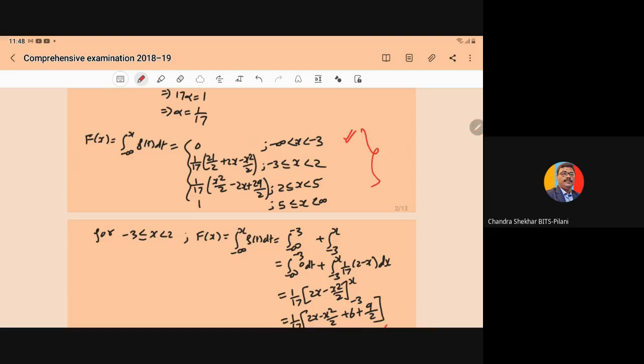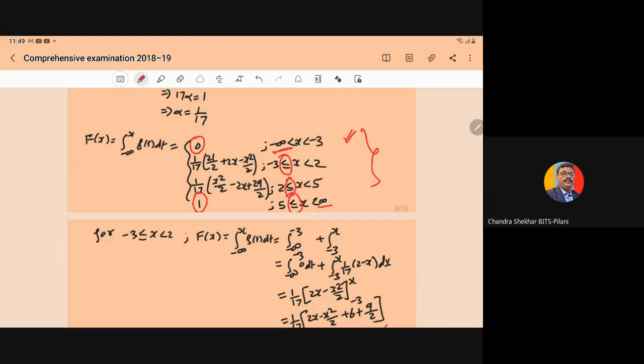In the CDF, it is very necessary to take the value of x from minus infinity to infinity, with the equality sign always on the left side. The value of F(x) must range from 0 to 1.